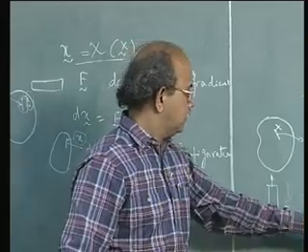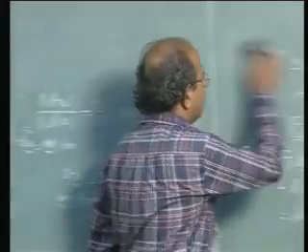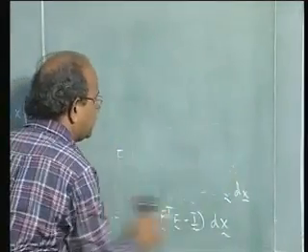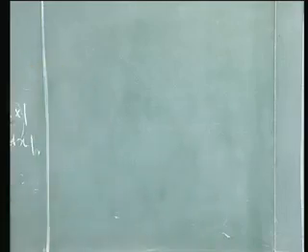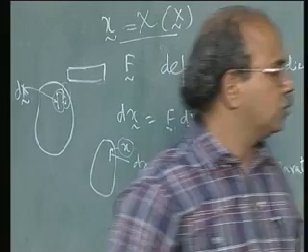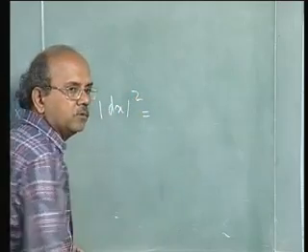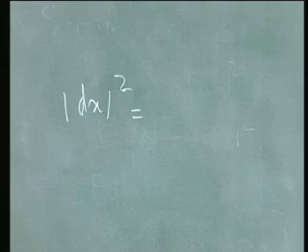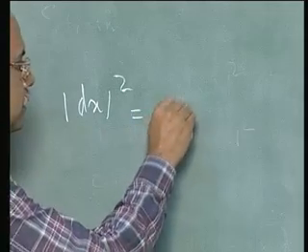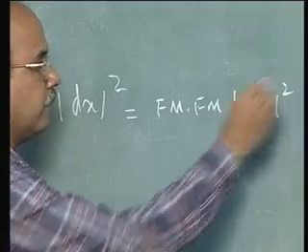Now, this can be defined here as small dx squared. We will take the dot product, the inner product, on either side, so this would become FM dot FM d capital X squared.